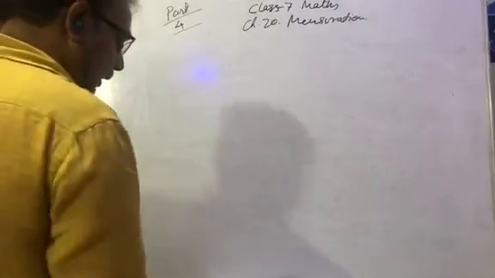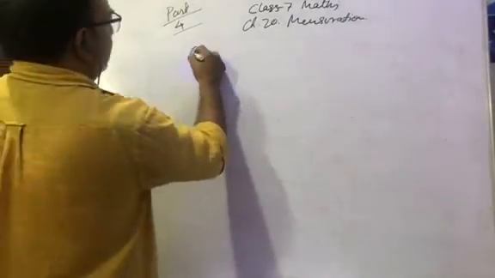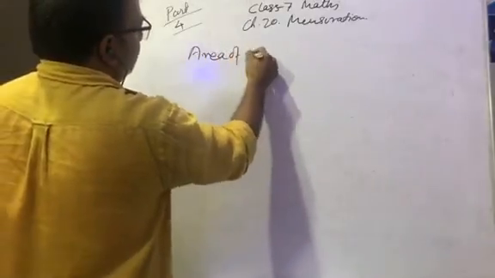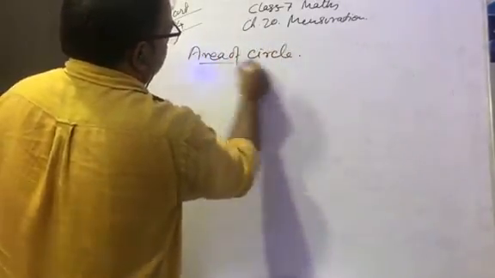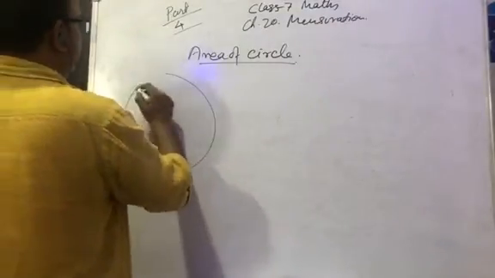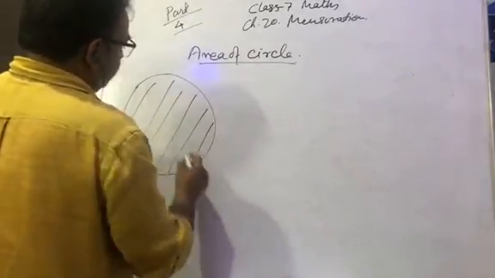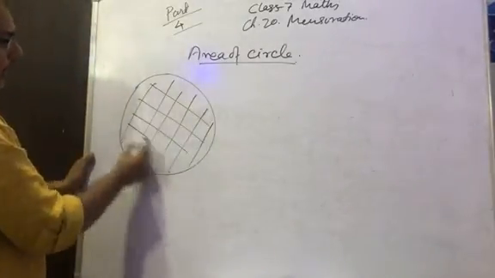Now let us understand about area also, area of a circle. See, I told you in the previous video also, the space enclosed by a closed object is called the area.